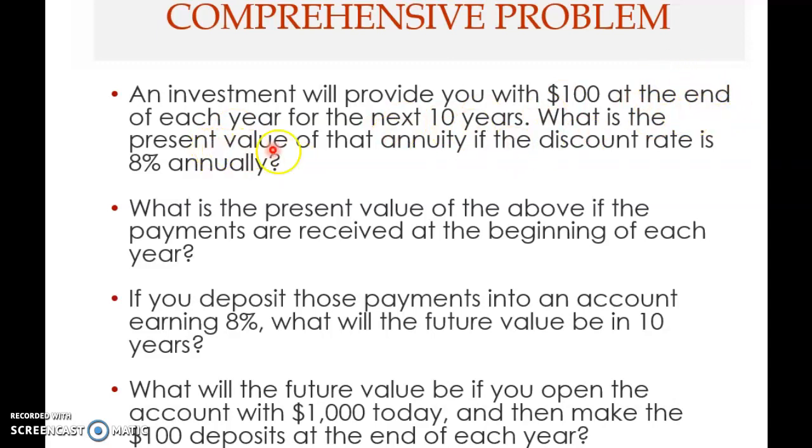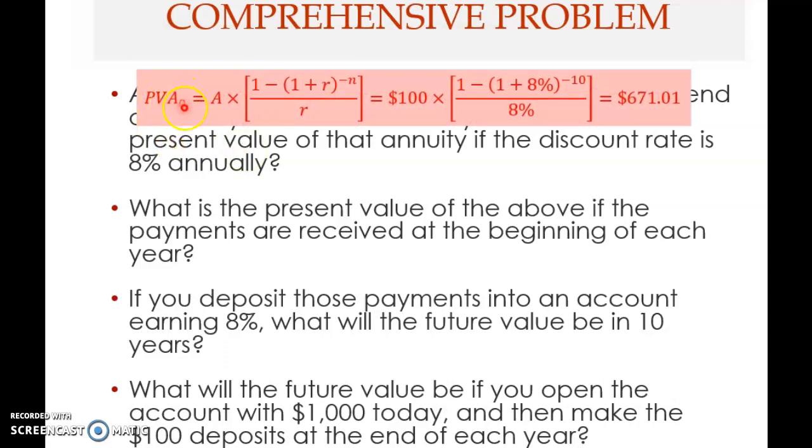Okay, and you know the term, 10 years, and you know the interest rate, 8%. So the unknown factor is only the present value. So you solve for the present value using the formula. Present value of annuity is equal to the annuity multiplied by the present value interest rate factor.